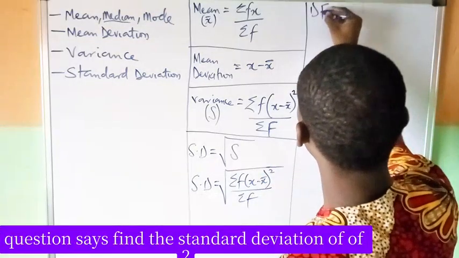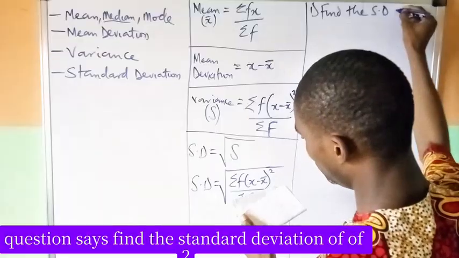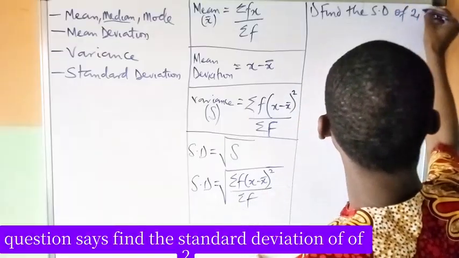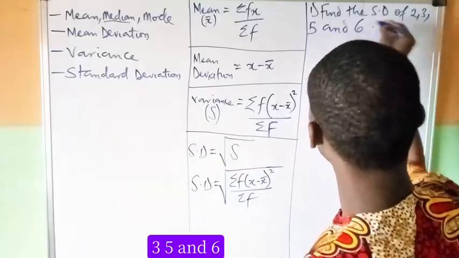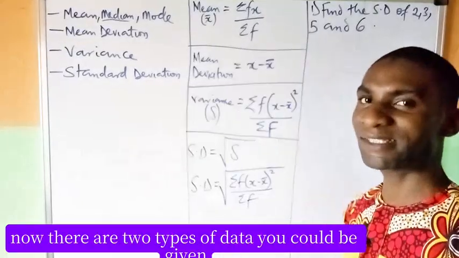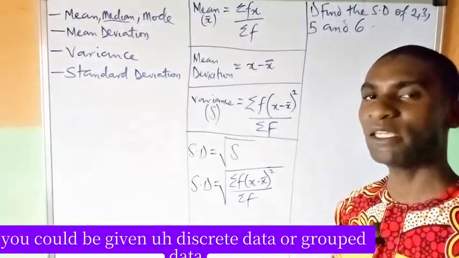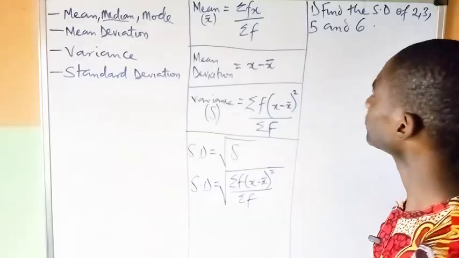Question says find the standard deviation of 2, 3, 5, and 6. Now, there are 2 types of data you could be given: discrete data or grouped data.